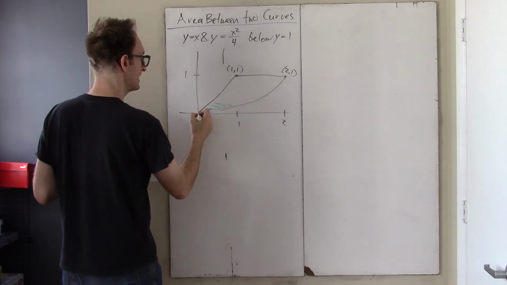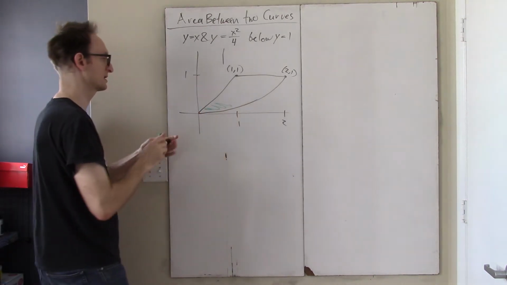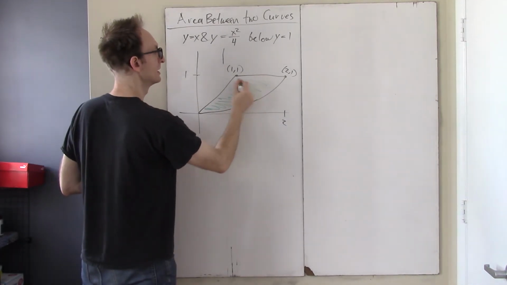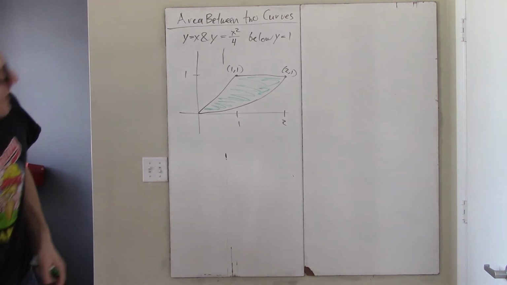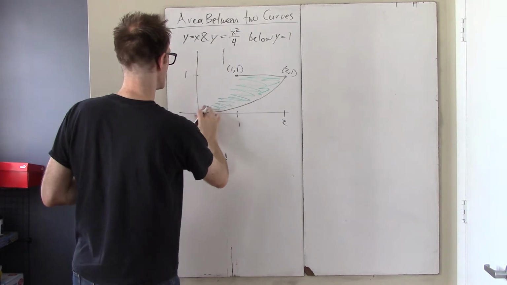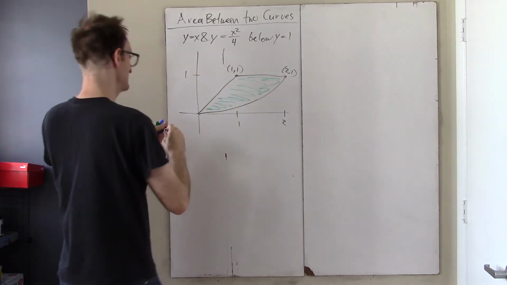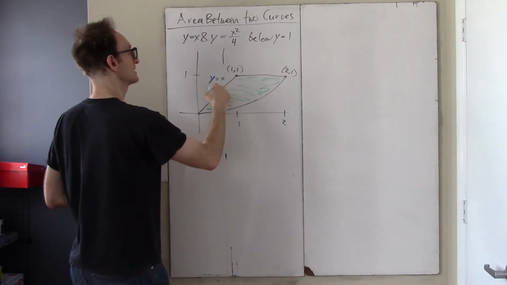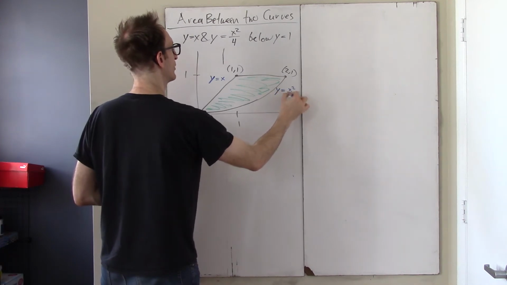Good. Well, now I'm just going to do this problem. And maybe I'll even write, just so that I don't forget, that this line is the line y equals x, and this curve is the curve y equals x squared over 4.